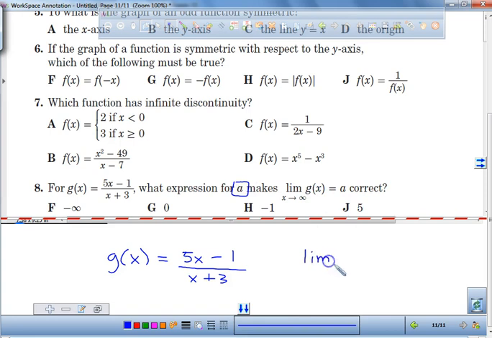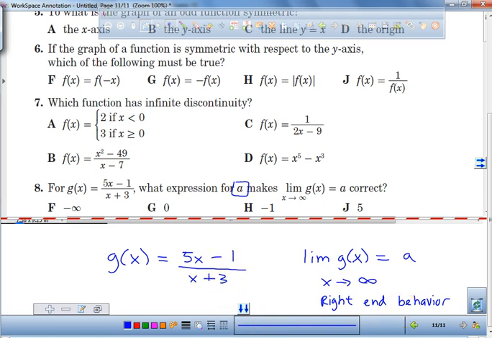We're going to say the limit of g of x equals a as x approaches what? Infinity. So if x is approaching infinity, we are actually looking at what's called the right end behavior. Remember we talked about right end behavior and left end behavior. So we're going to look at this graph and the right end behavior.